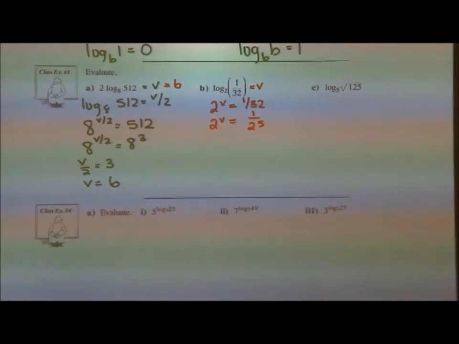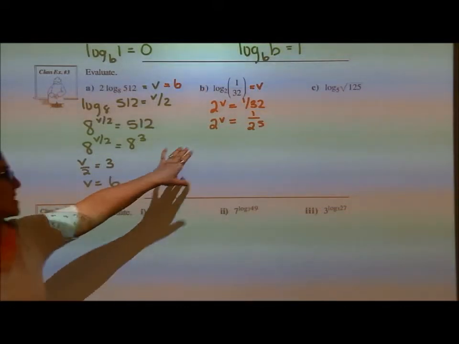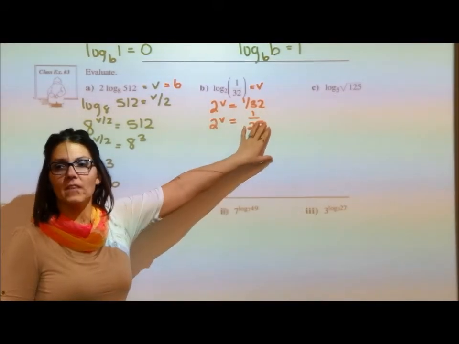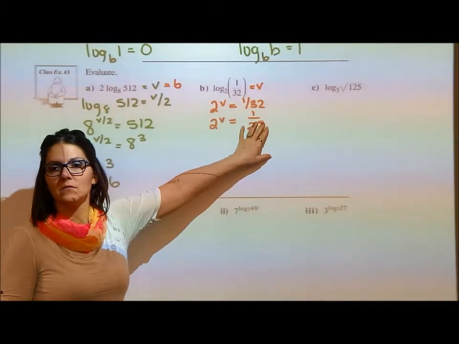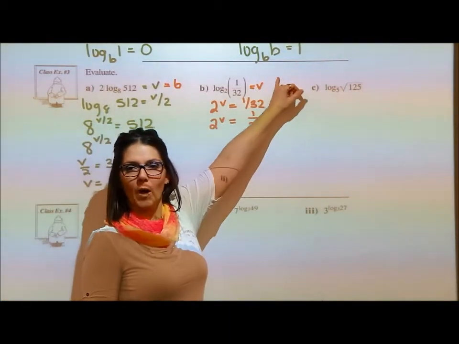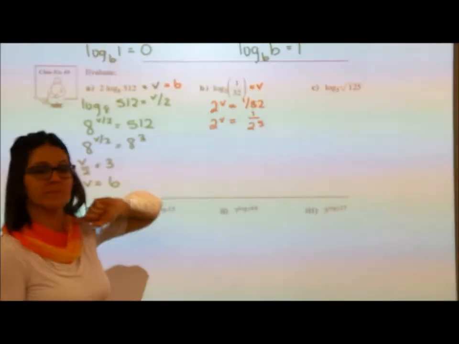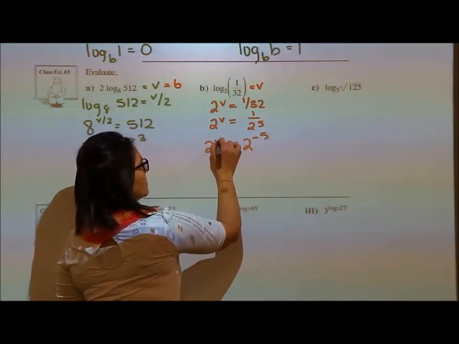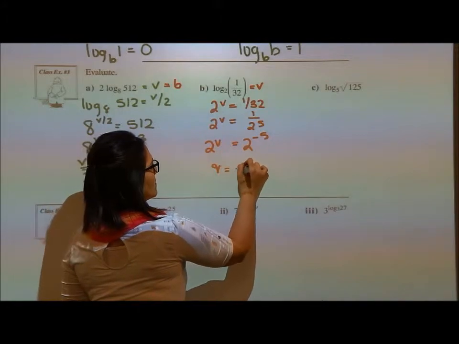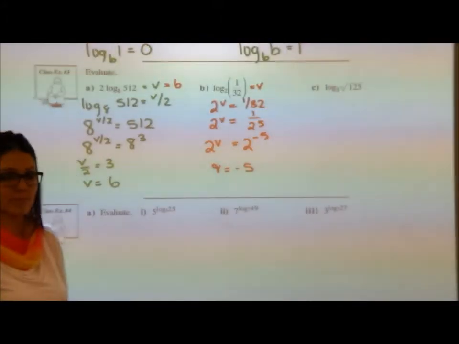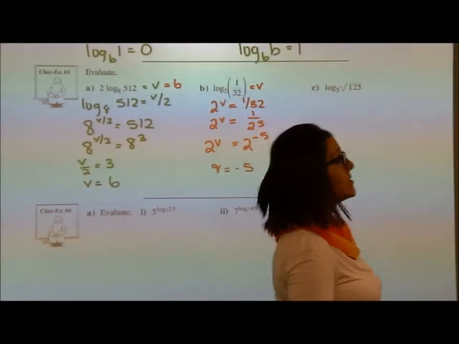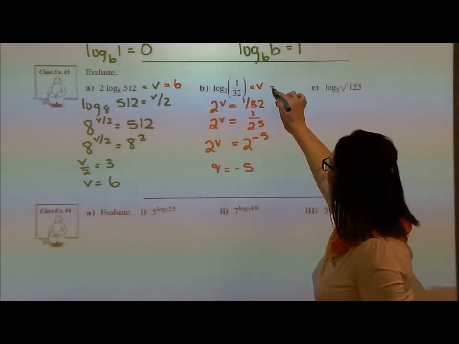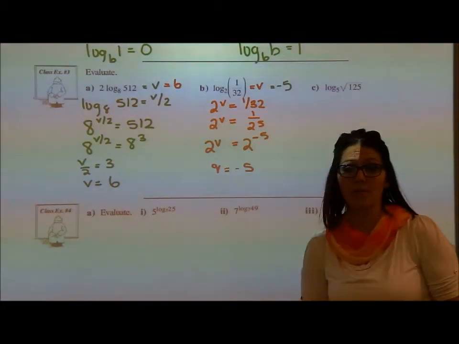So I have, in a sense, kind of a common base because I have them both as 2's, but they're not really a common base because this is a 1/2. How would I make this 2 to the power? In other words, how would I bring the 2 up? Make the exponent negative. So then v would equal -5. So then log base 2 of 1/32 would equal -5.